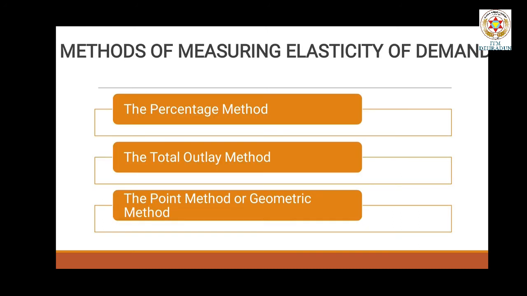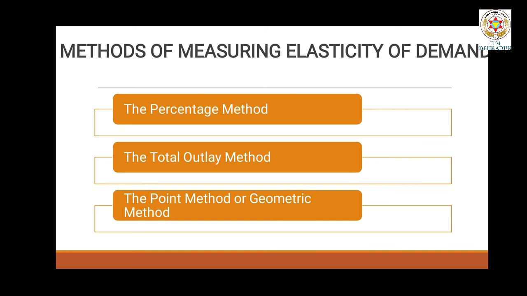Now there are different methods of measuring elasticity of demand. But we will focus on three important methods: the percentage method, the total outlay method, and the point method or the geometric method. The percentage method is where we find the percentage change in the quantity demanded of a commodity due to a given percentage change in its price.